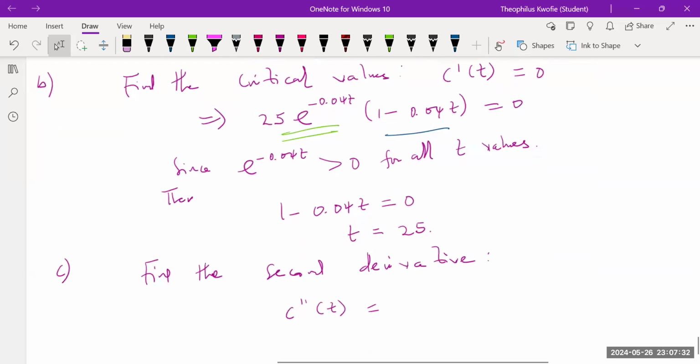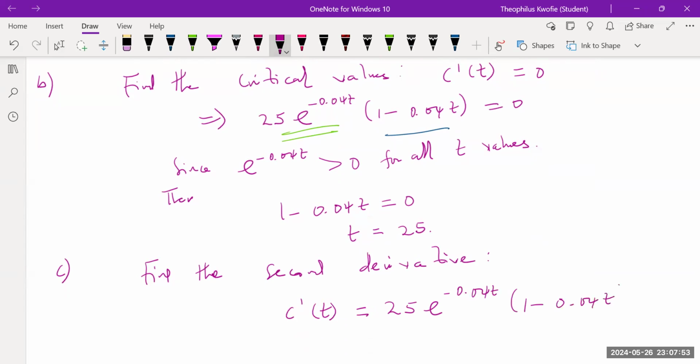Our first derivative was 25 multiplying e to the power minus 0.04t, times 1 minus 0.04t. Is that okay? Good.